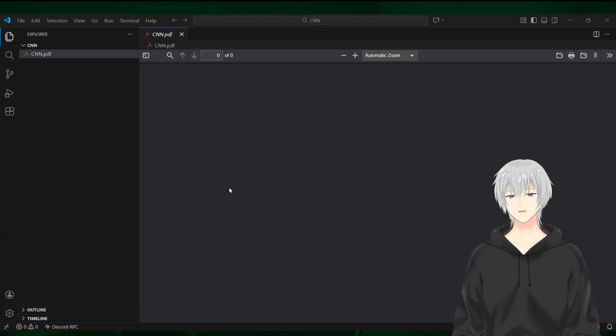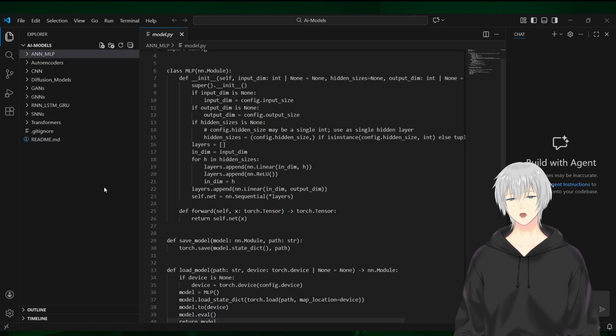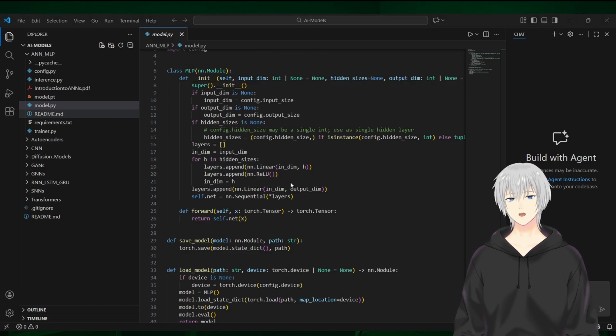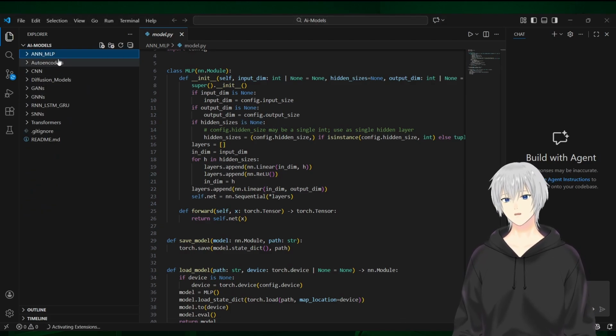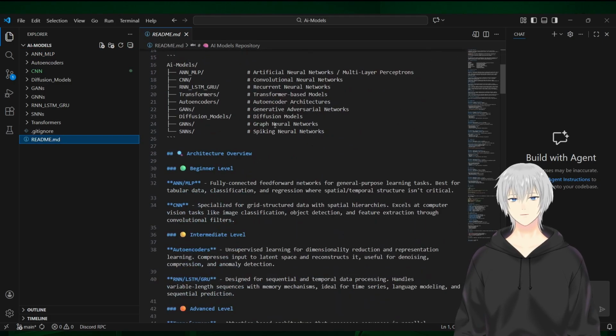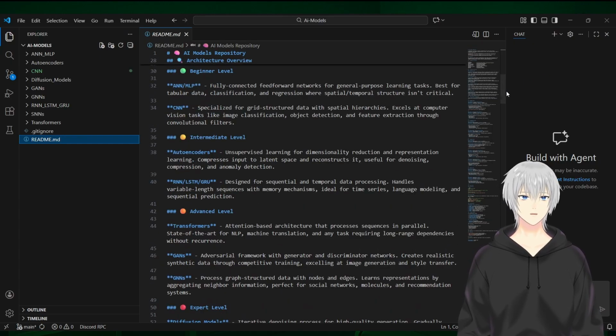Right now, I'm working on a project like this, a large repo. Yeah, as you can see, there are quite a lot of stuff. ANN, autoencoder, CNN, diffusion model, GAN, GNN, RNN, LSTM, GRU, SNN, transformer. So like this is the repo I have set up.